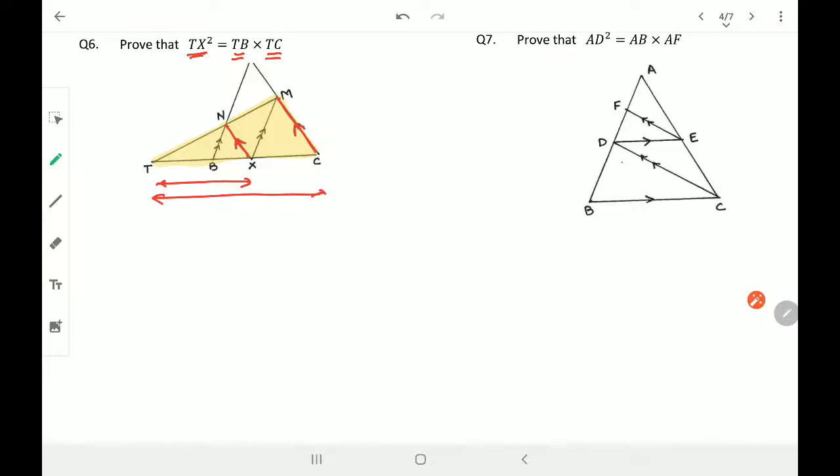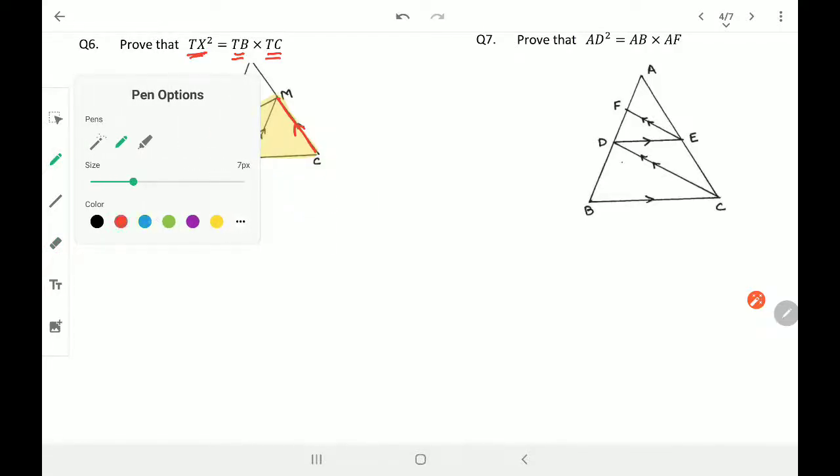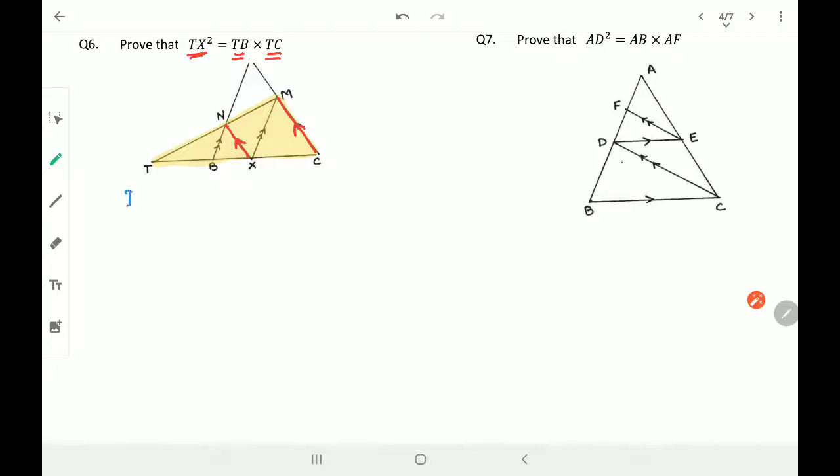So now in this question we will also understand how to use the second form of BPT properly. So let's start understanding this question. Now in this triangle, which one is that? TMC. Do we have XN parallel to CM, right? So if it is parallel, we get TX upon XC is equal to TN upon MN as a BPT, equation number 1.